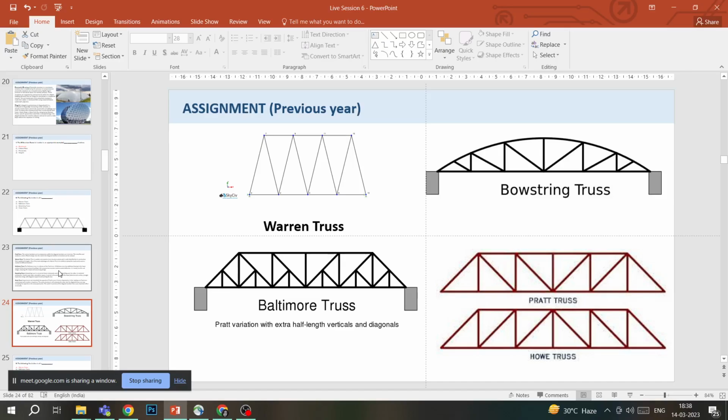Because it is mainly used in railway bridges, we need longer spans, and if a longer span is used, then the chance of buckling also increases. So to prevent that kind of buckling, we support the side strut with again a smaller strut, and that's how the Baltimore truss forms, and that's how it looks.